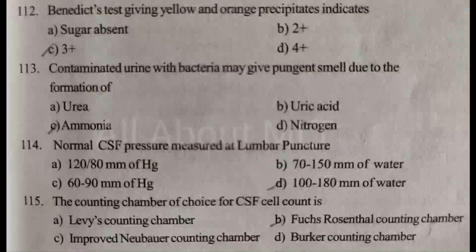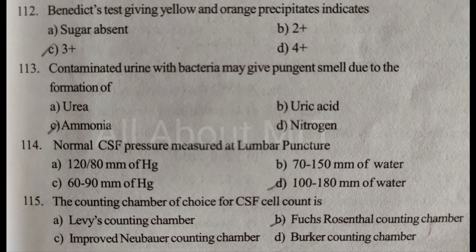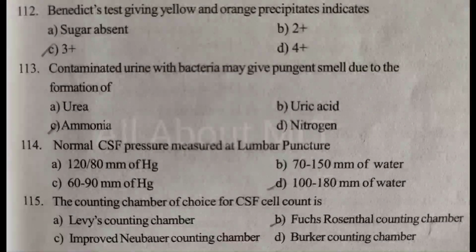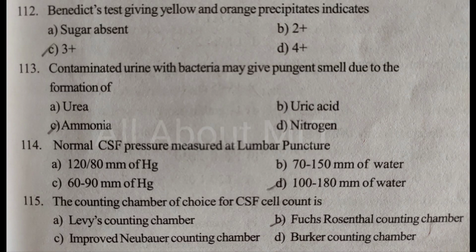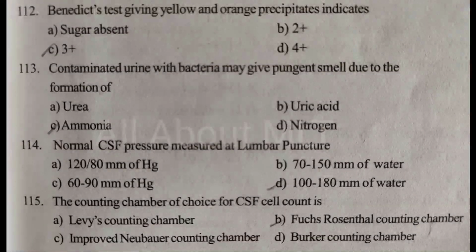The counting chamber of choice for CSF cell count is option A Levy's counting chamber, option B Fuchs-Rosenthal counting chamber, option C improved Neubauer counting chamber, option D Barker counting chamber. And the answer is option B Fuchs-Rosenthal counting chamber.